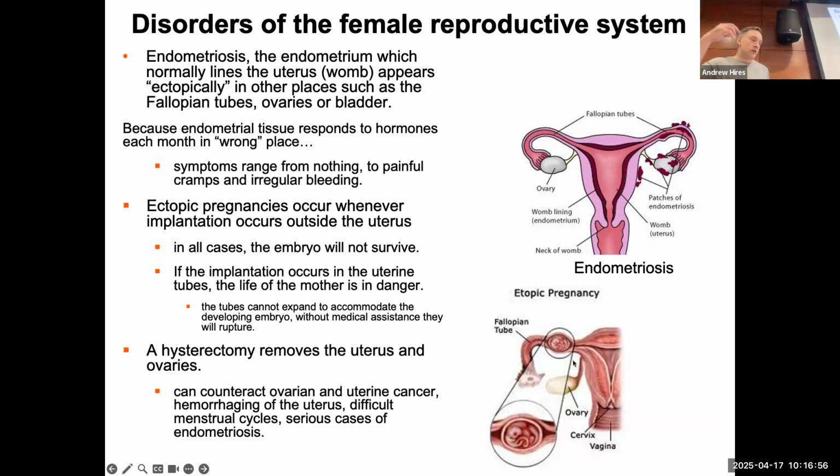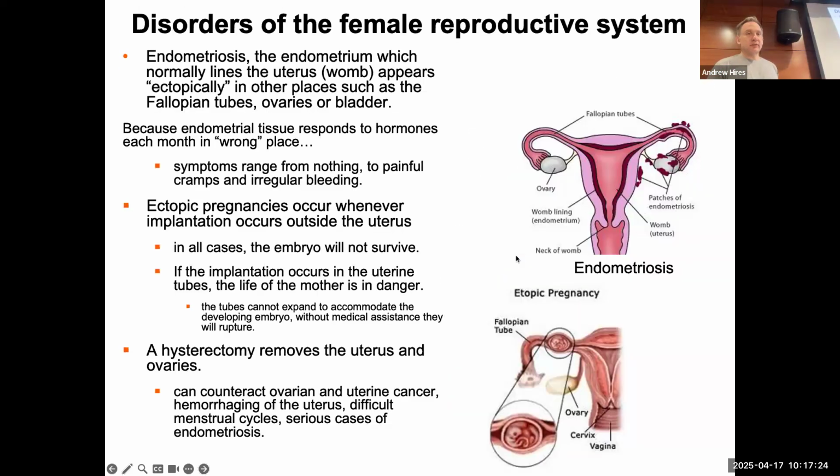Sometimes this will occur if uterine cancer is detected, or if there's very painful endometriosis, as a medical intervention that will block that pain and prevent the irregular bleeding by removal of the uterus and the ovaries. That's also, of course, going to impact hormonal cycles.